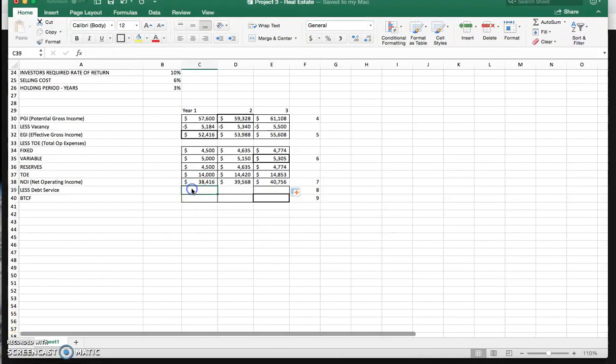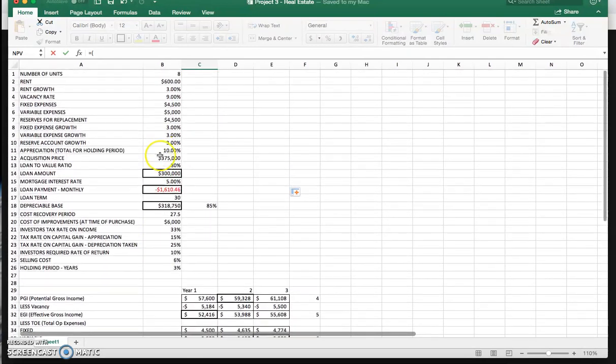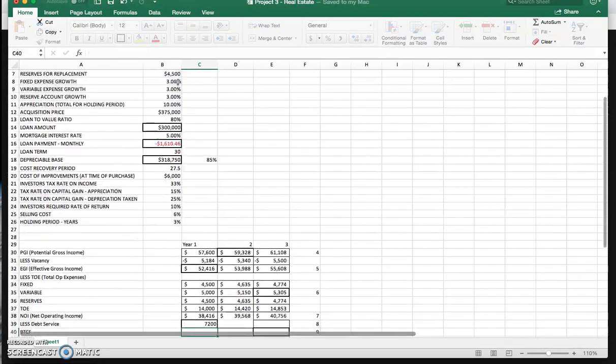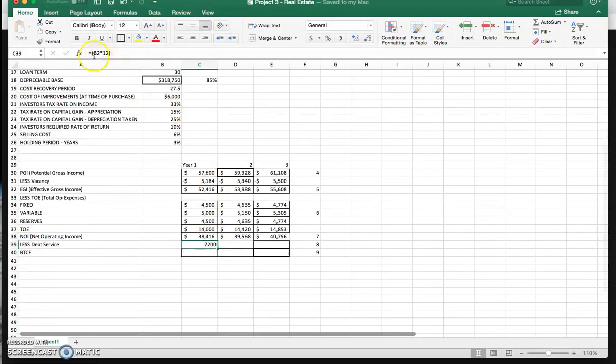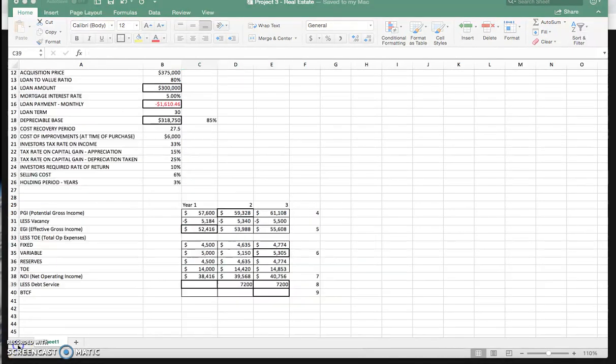Next, to get the debt service values, you're just going to take the rent times 12 for each of these. Rent times 12, and then to get this, I'm going to lock this cell in because I want to be able to drag it across and adjust for the growth rates. Sorry, it's not the rent times 12, it's the monthly payment times 12.